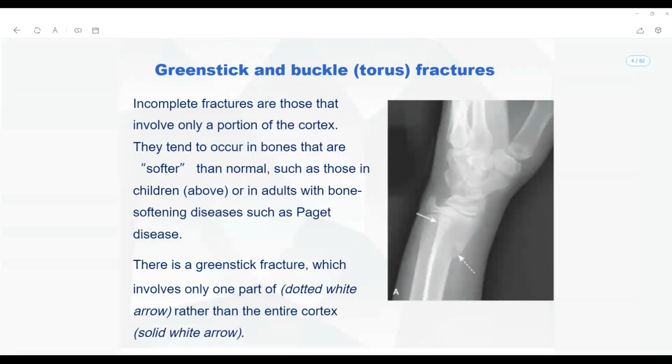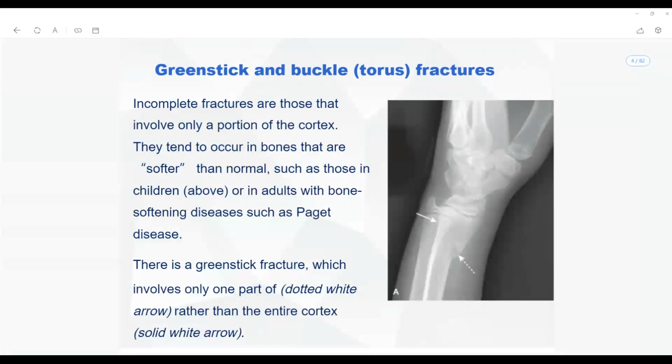And the same thing applies for the symmetry as well. Okay, you are suspecting a problem in the right hand, but you are still unable to diagnose the problem even after looking at the AP and lateral views of that right hand. Also repeat the same thing for the left hand as well.